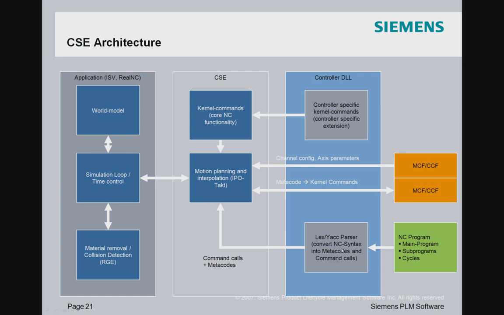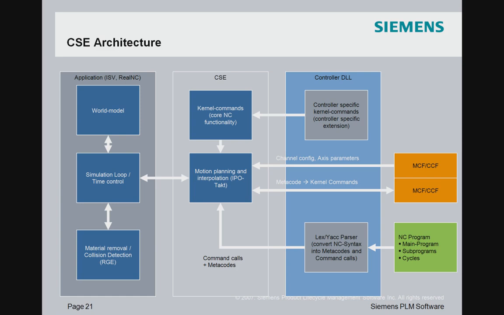So to really chop the NC program into small segments that you can then assign a functionality. The difference between a metacode and a command call is that a command call is something that does not need a configuration. So for example, assigning a variable a value, or R10 equals 100.